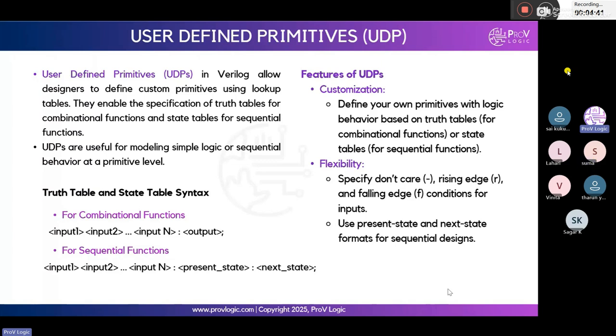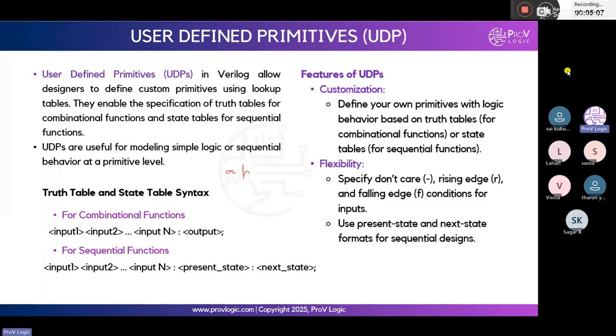So how can we write a user defined primitive, whether combinational or sequential? We'll see the example. For a combinational logic circuit, suppose there is a multiplexer or a full adder. For a full adder, how many inputs will there be?